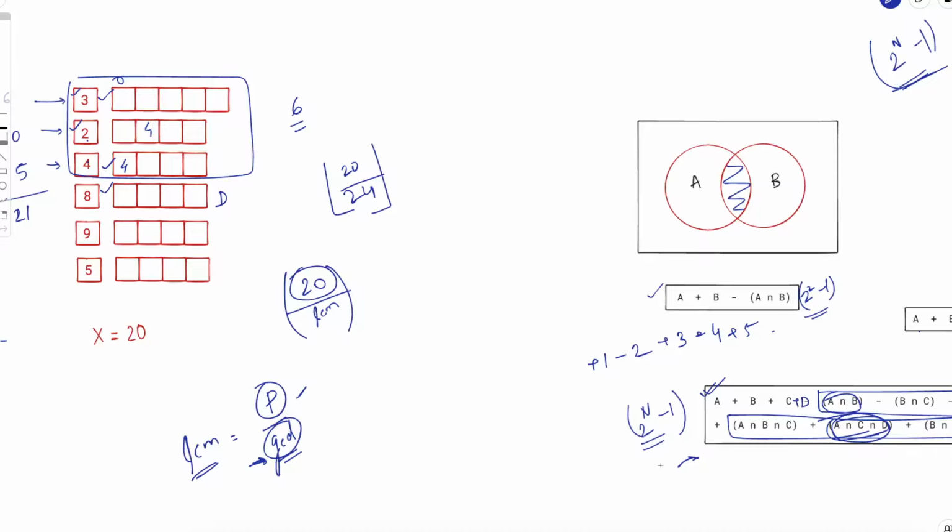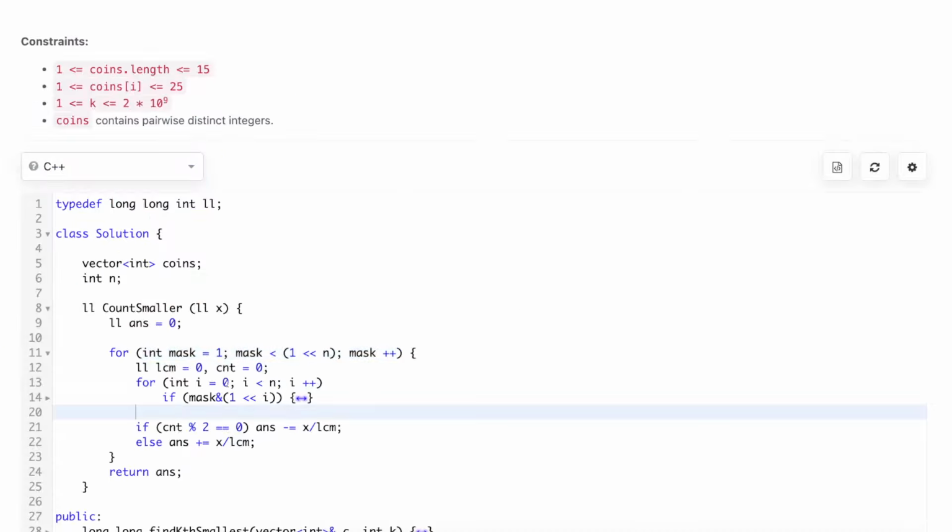I will try to link one of them. So here you are iterating over all the bit masks from 1 to 2 power n, and as we know, we need to figure out the LCM of all the numbers involved in this expression, and then we will do x by LCM to get the count.